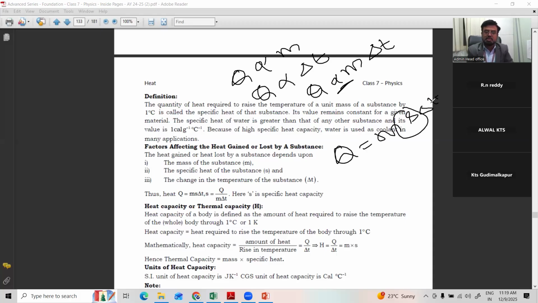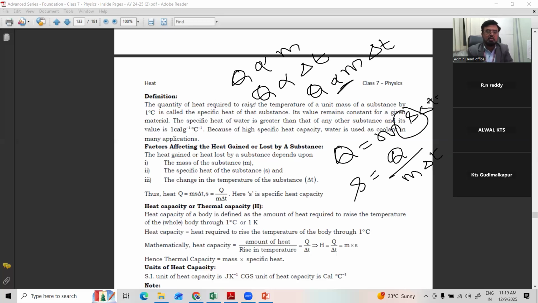But S is introduced here. What is S here? S is equal to Q by M delta T. That is called specific heat.